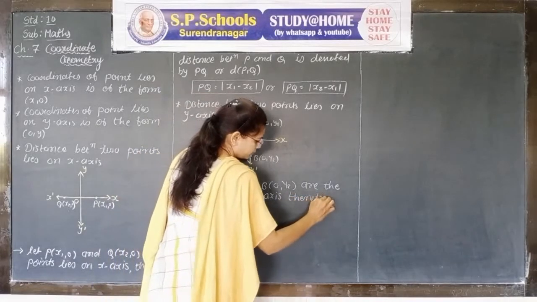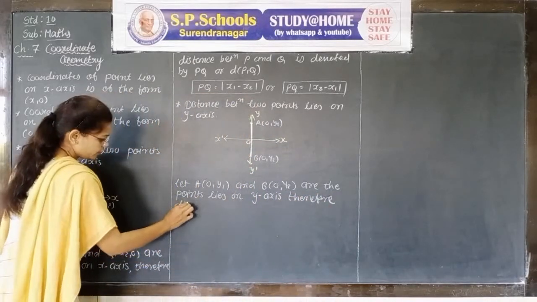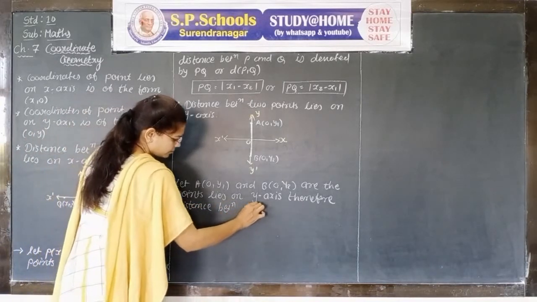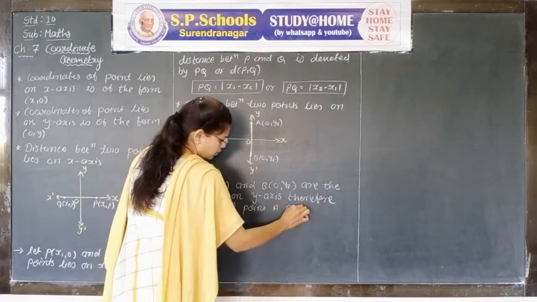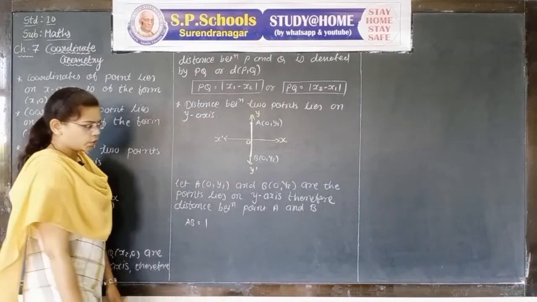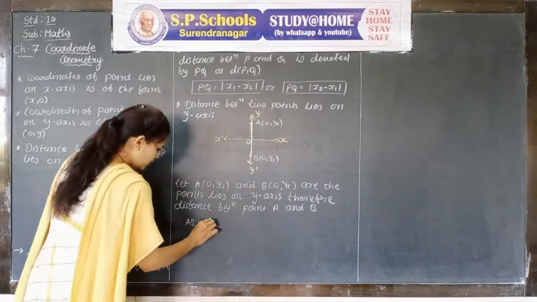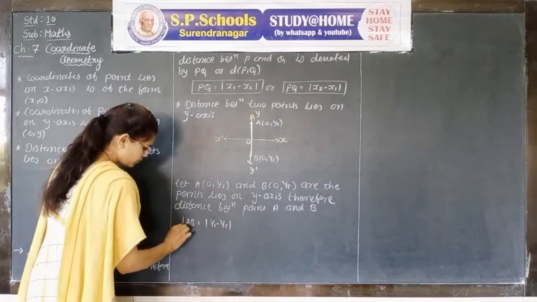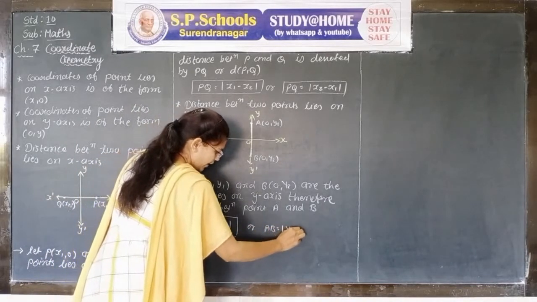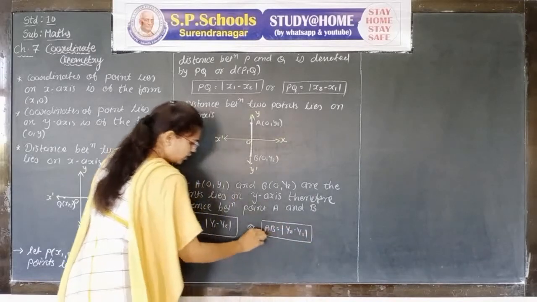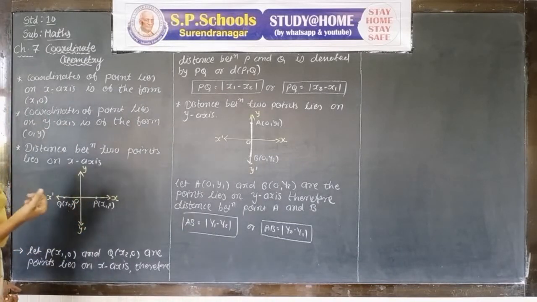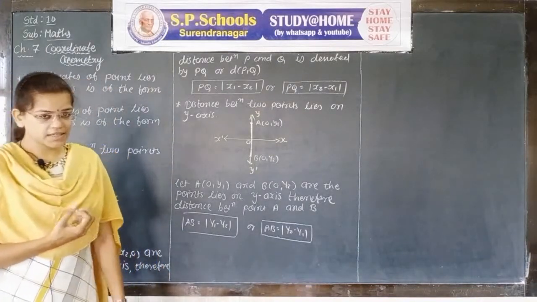Therefore, the distance between points A and B, AB, is equal to, again in mod, the difference of their y coordinates, |y1 minus y2|. Or you can also write AB equals |y2 minus y1|. Both are the same, the values are the same.